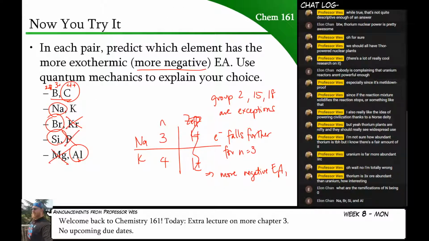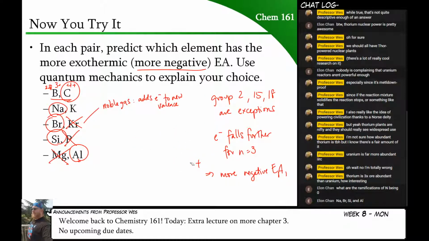All right. How do we explain the other ones here? Well, all of the rest of them follow the normal trends, but the exceptions here, so krypton is a noble gas, and it's going to add an electron to a new valence layer. Let's get rid of some of this stuff here, so I have more space.